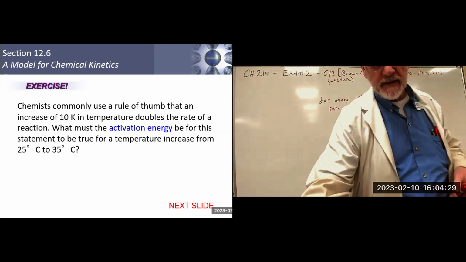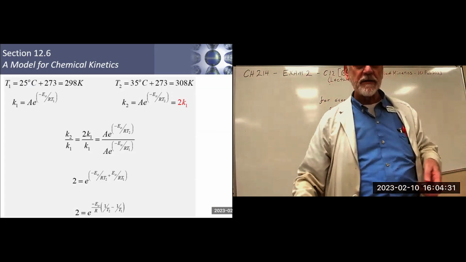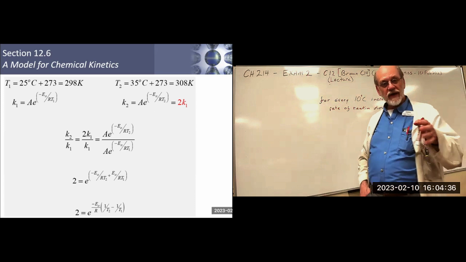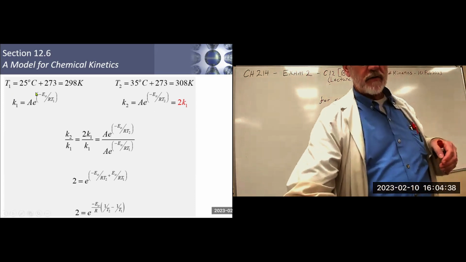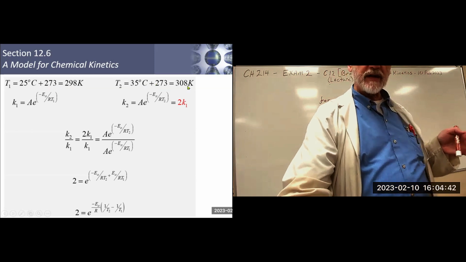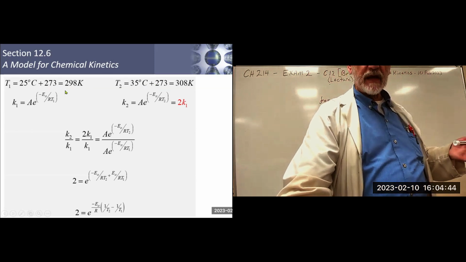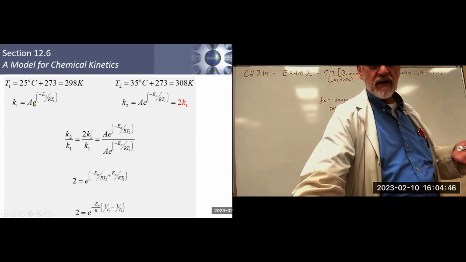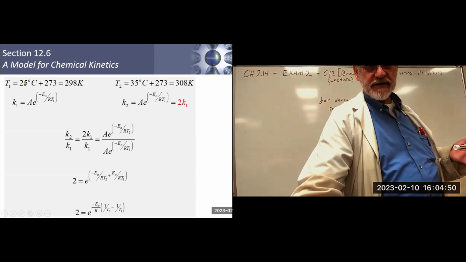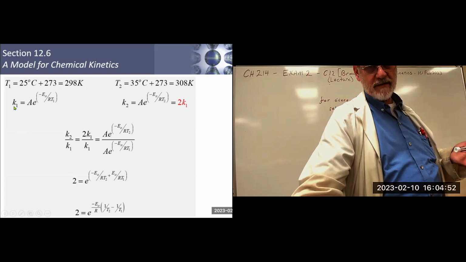The next slides will have the calculations. Notice that the first one on the upper left, what we're doing is calculating k for 25 degrees, and then calculating k for 35 degrees. And then the Arrhenius equation here is this one. That's the k for this temperature, right?